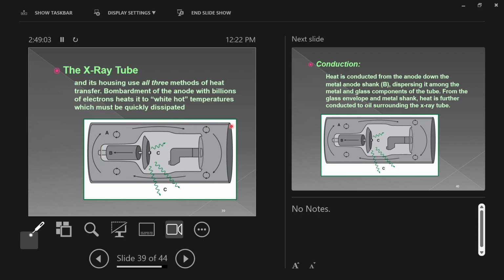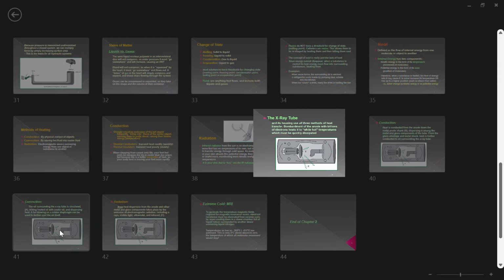So we have convection in the fluid, we have conduction in the anode heating up, and we have radiation being emitted in the forms of heat, visible light, and X-rays coming out of the anode disc inside of the X-ray tube. So this disc here is where the X-rays are coming from, but all three means of heat transmission are being used here: radiation, conduction, and convection inside of the X-ray tube.